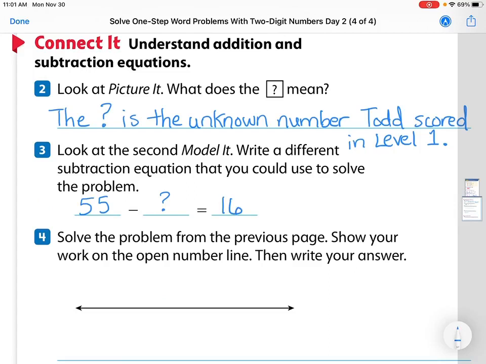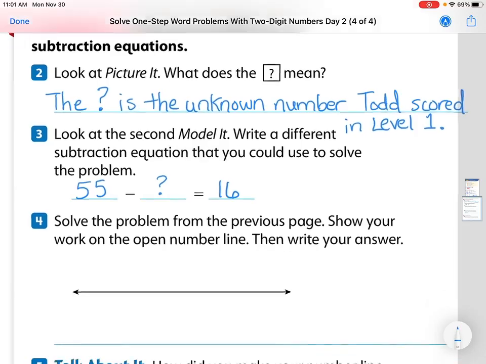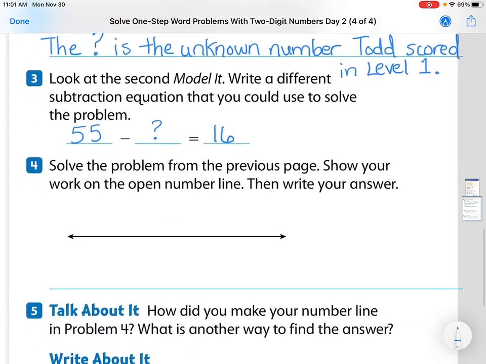And now it wants you to solve the problem from the previous page. Show your work on the open number line and then write your answer. So they're giving us a number line. You are going to use that number line to solve this equation.